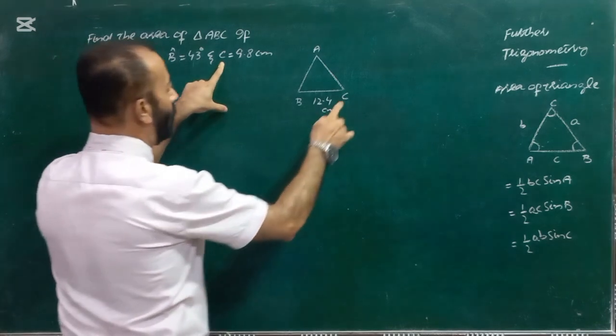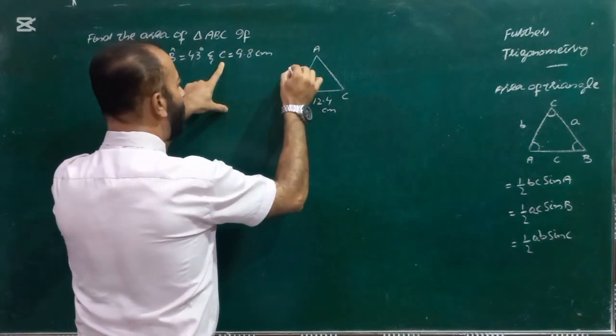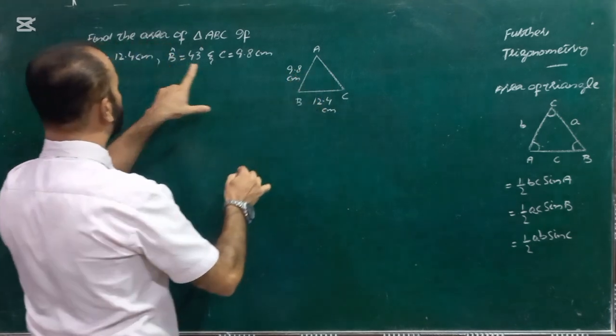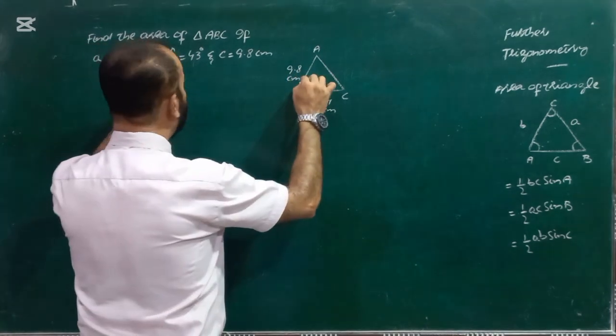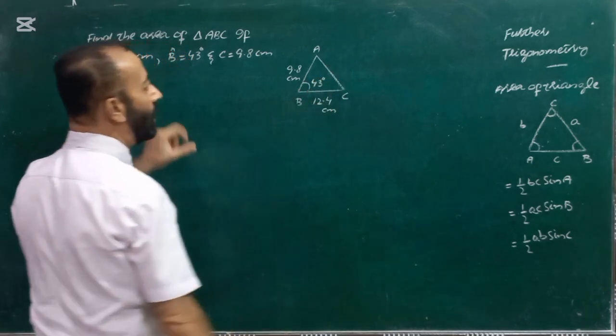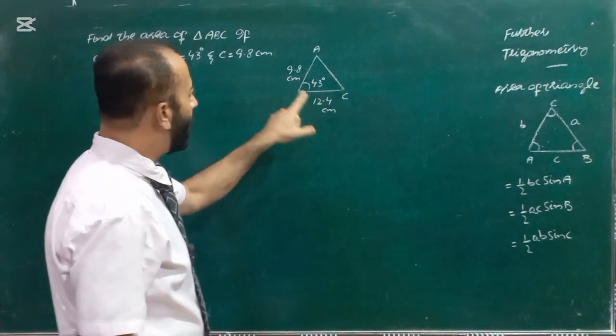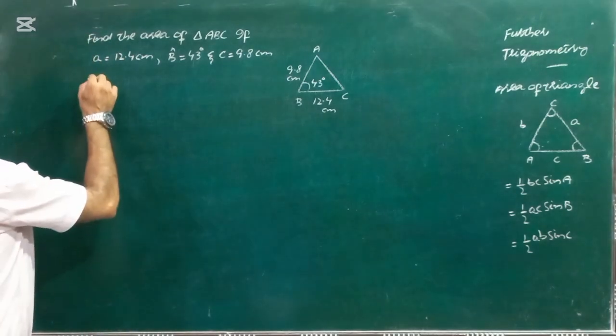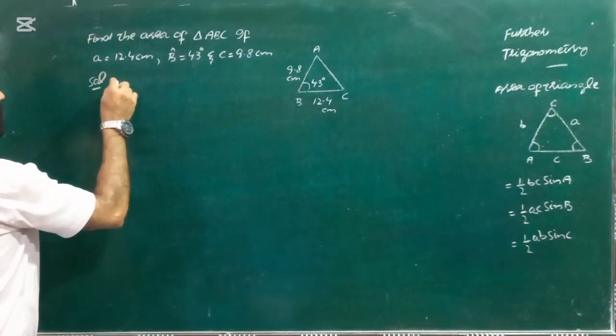The side opposite to C is given, 9.8 centimeter. And angle B is given, that is 43 degree. So this is the triangle now. Now you can see two sides and their internal angle are given. So we can find the area of the triangle.